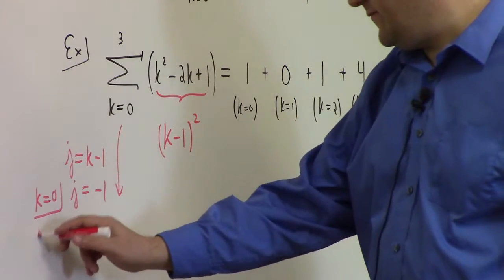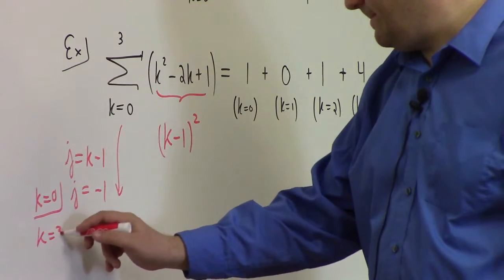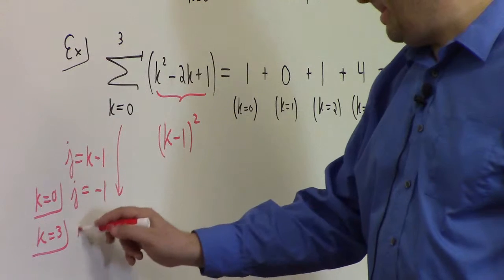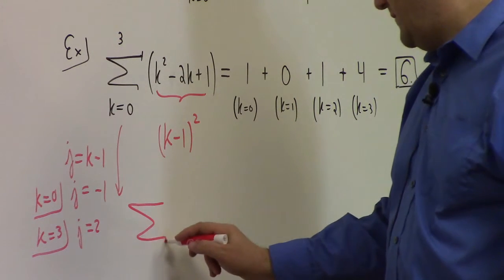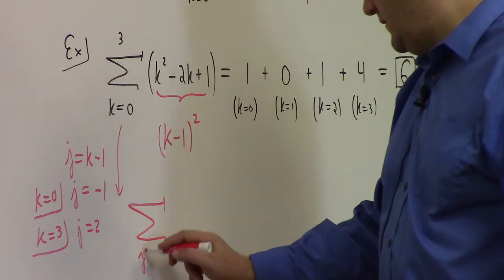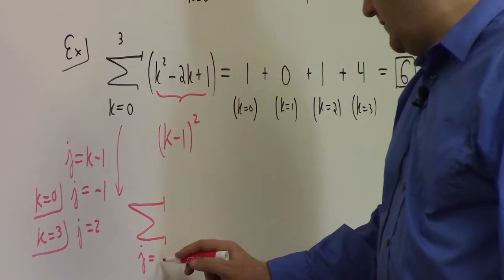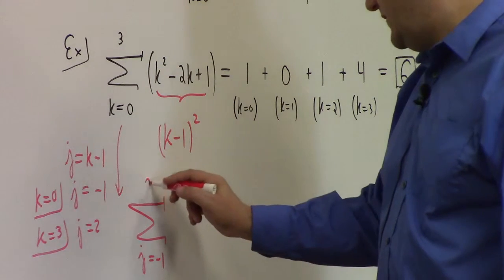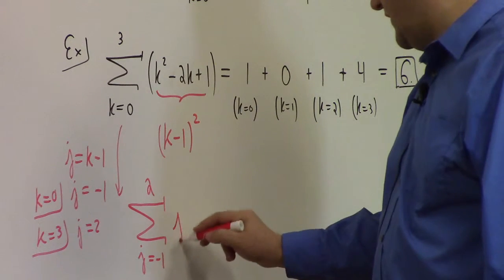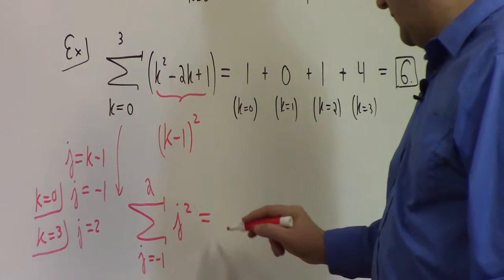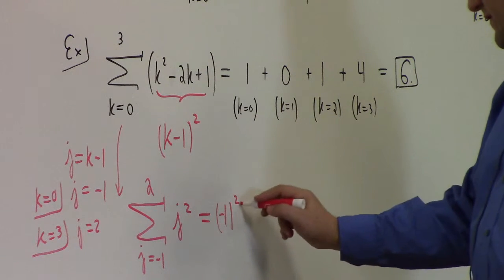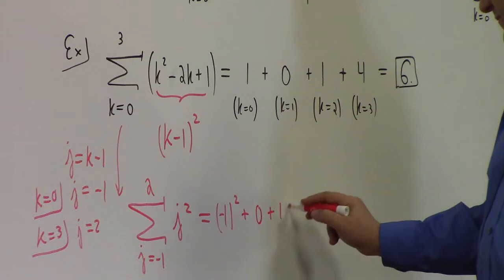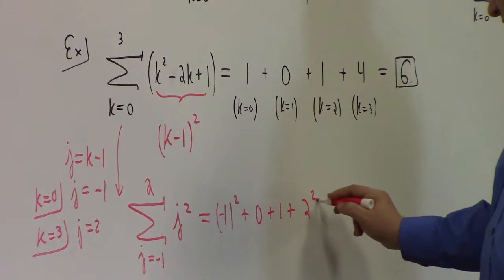Minus 1, right? k equals 3 gives me what? j equals 2. So in this new j variable, I've got the sum j equals minus 1 to 2 of j squared, which is, of course, minus 1 squared, plus 0, plus 1, plus 2 squared, aka 6.